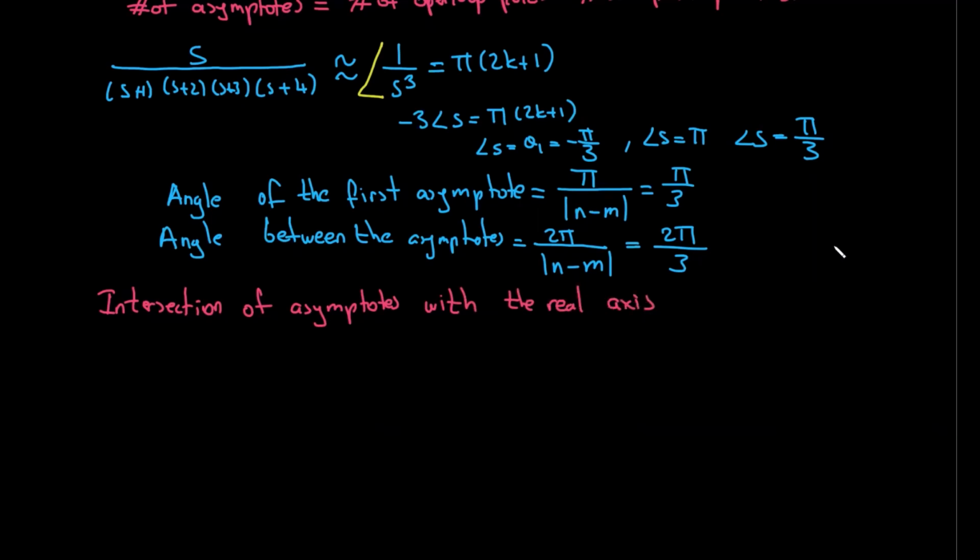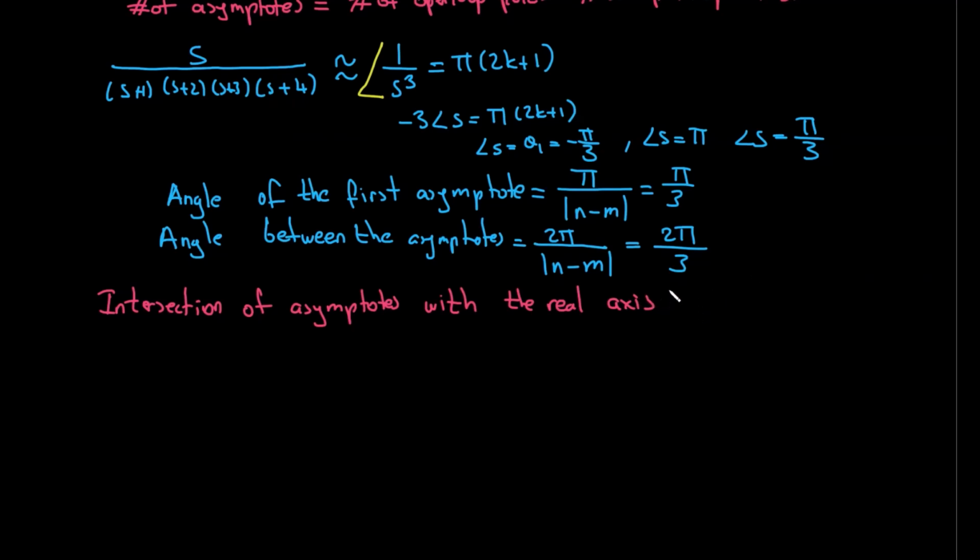So we said that, okay, I know the angle of these asymptotes. One of them is pi over 3, one of them is minus pi over 3, one of them is pi. But I don't know where to place them on the S-plane, okay? So I would like to find that point, okay?